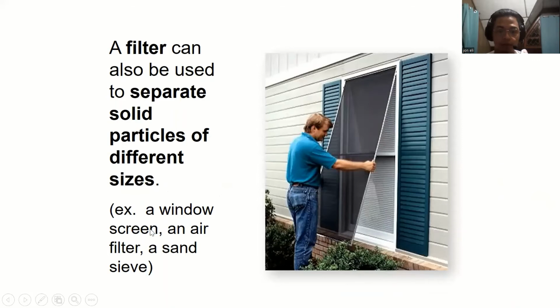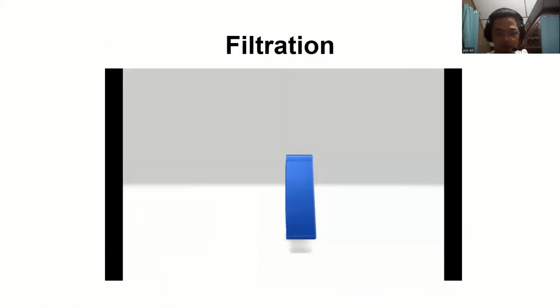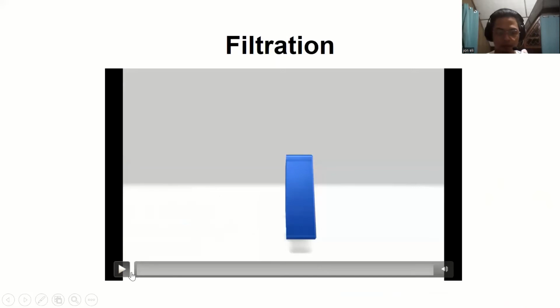Examples again: window screens, which allow only specific spaces through, and air filter assembly.